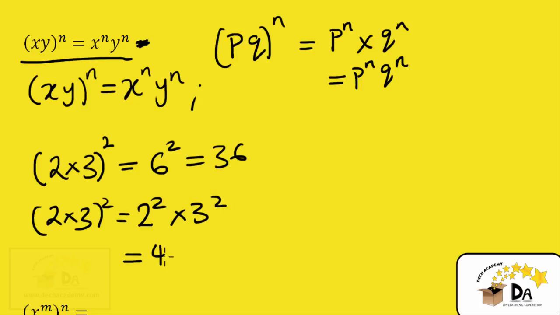What's 2 to the 2? That's 4. 3 to the power of 2 is 9. So 2 squared is 4, 3 squared is 9, and 4 times 9 is 36. So this rule works, and you need to remember it. Please review it as long as it takes, as long as you can recall it without exerting yourself much.